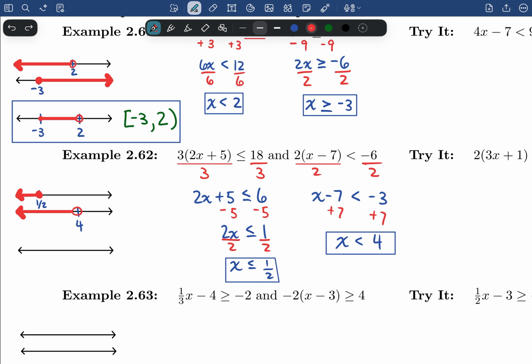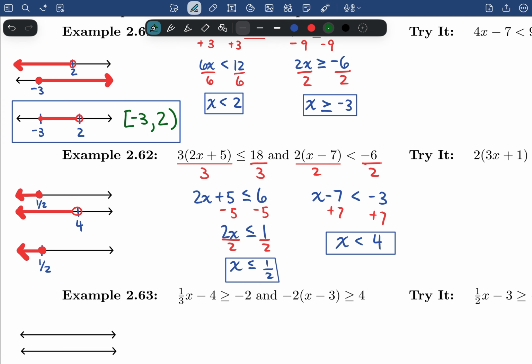And so my answer, I'm going to graph the answer below, the compound inequality's answer. I have 1/2 right here, and then I have a closed dot at 1/2. And then I shade the region to the left, and this is the solution. All right. And I'm going to write the interval notation now.